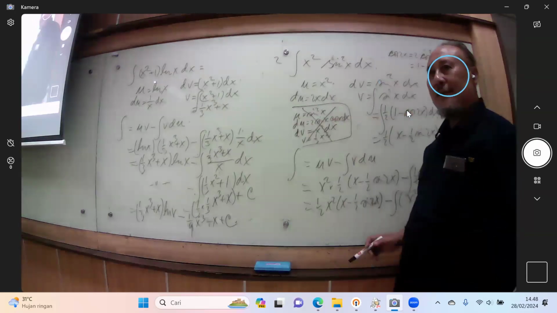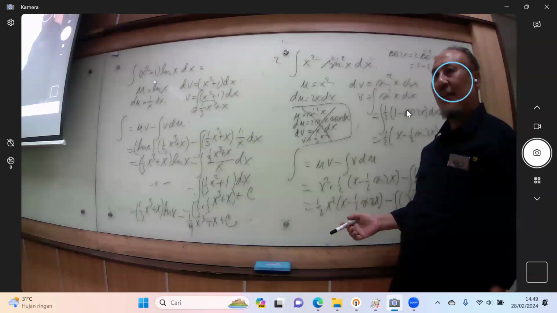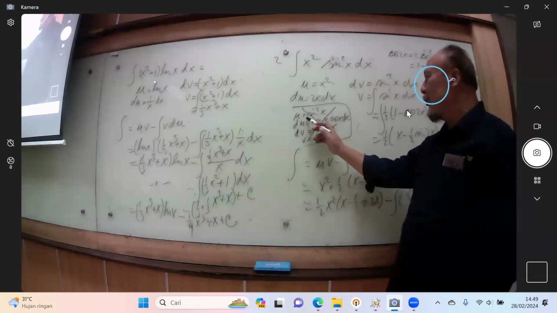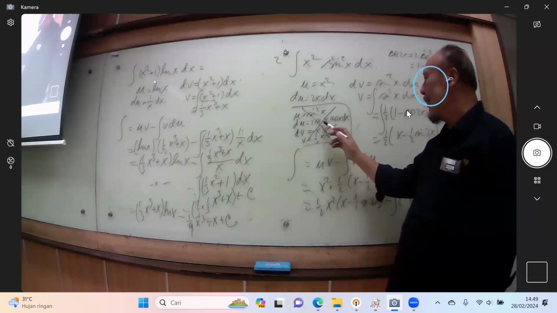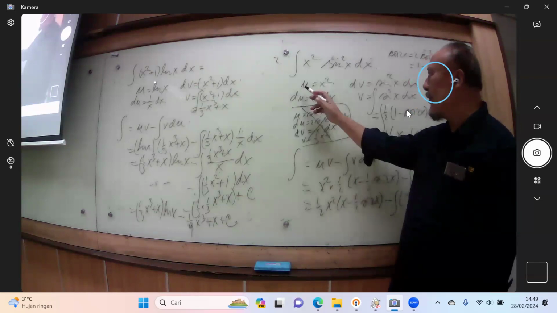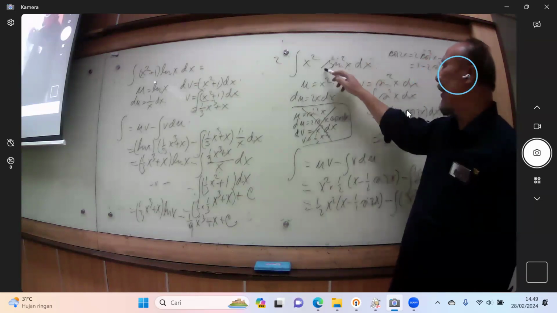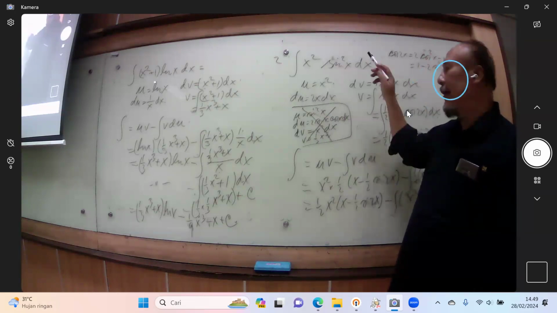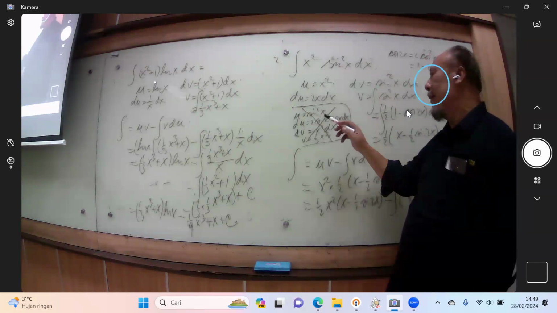If you choose u as sine squared x, as I said, it's actually a free choice, then du is 2 sine x cosine x dx. Then dv, because you already took u as sine squared x, is now x squared dx.